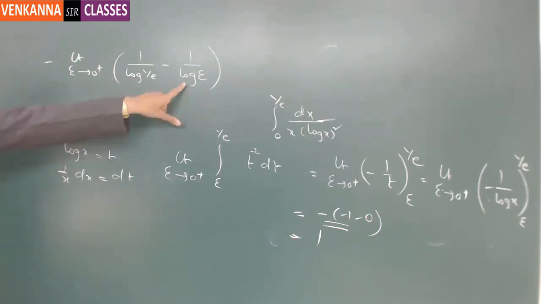And for this part its value is 0. Because if you say as epsilon tends to 0, log 0 is undefined, it is infinity. So 1 by infinity is 0. It was taken like that. Log 0 is infinity. So 1 by infinity is 0. So the value is 0. Accepted? So the limit value is 1, which is finite.